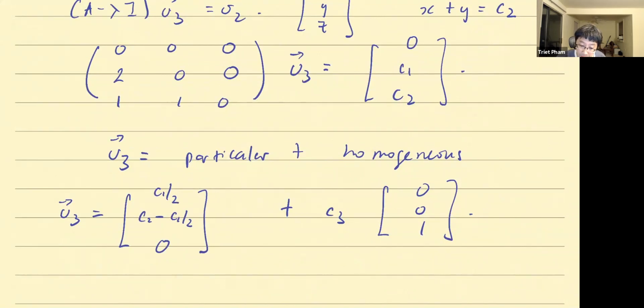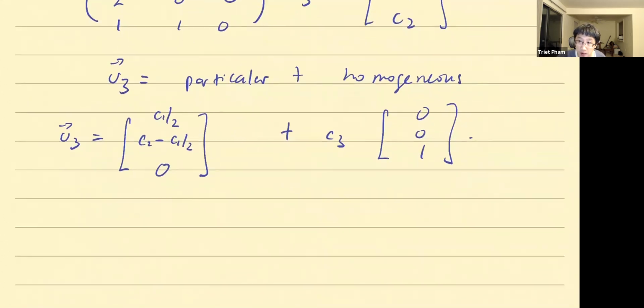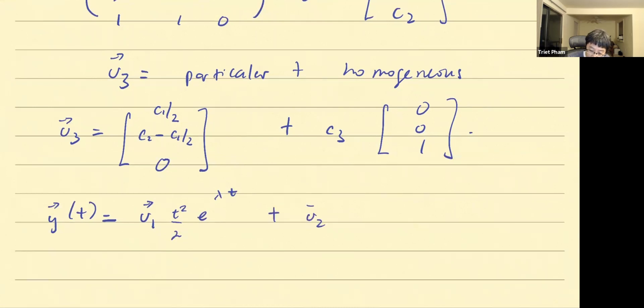All right. So what's my solution then in this way? Actually it's the reverse. I start out with the eigenvector, so it's V1 t squared over 2 e to the lambda t. Then I start out with the pseudo eigenvector corresponding to it, so this would be still t. And then I finish with the one that corresponds to the V2. So I kind of go backward.